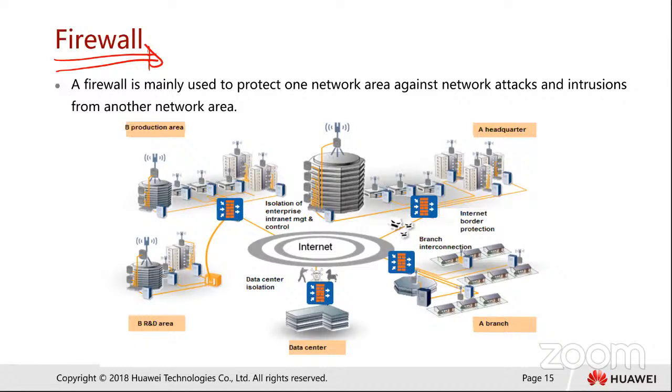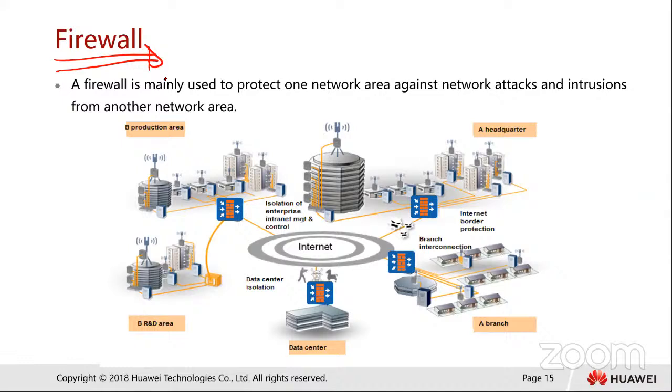It blocks various attacks on the network, and it allows normal communication packets to pass through. In networking, a firewall is mainly used to protect one network area against network attacks and intrusions from other network areas.